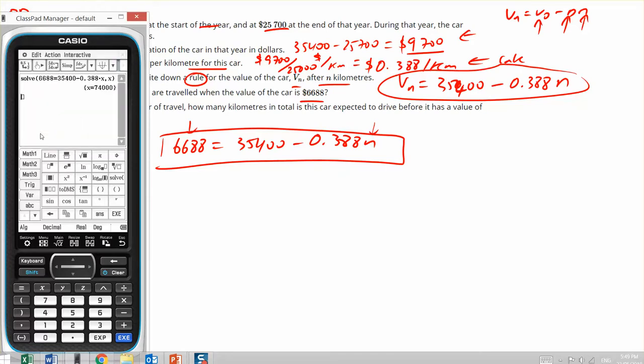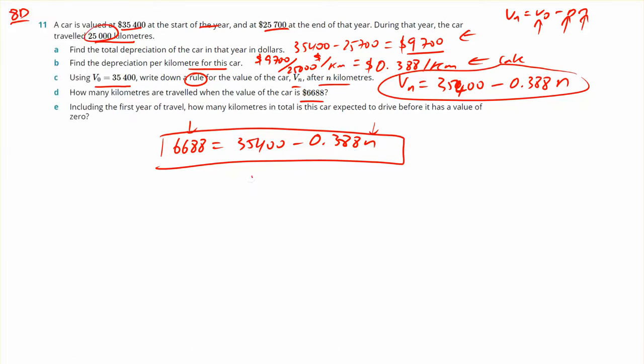Great. 74,000 kilometers. So n equals 74,000 km. Make sure you put units in. If you don't put units in, you're not going to get the marks.